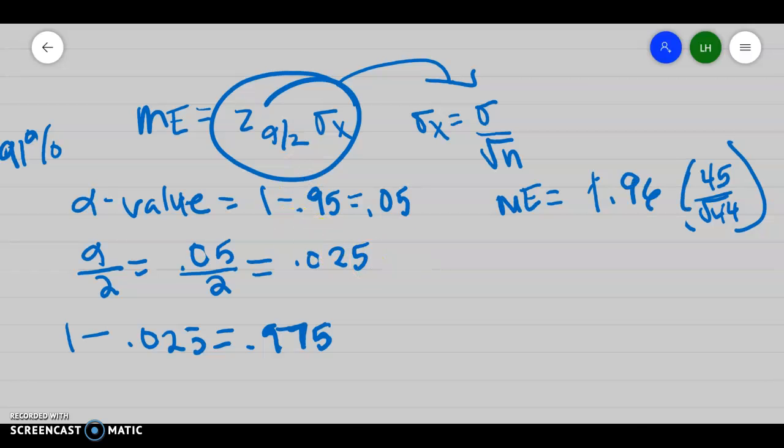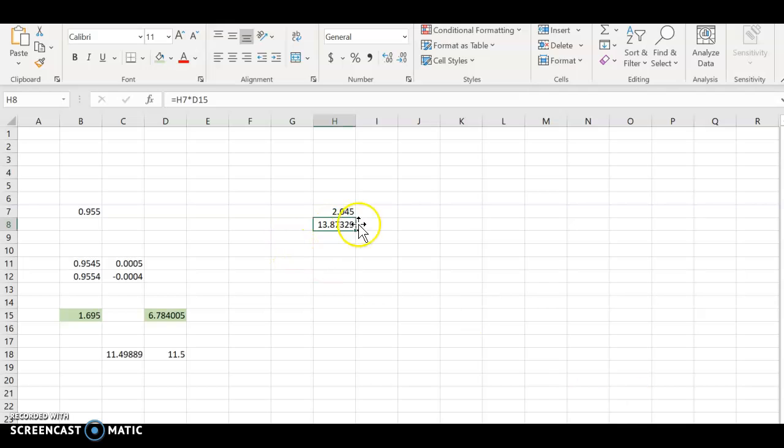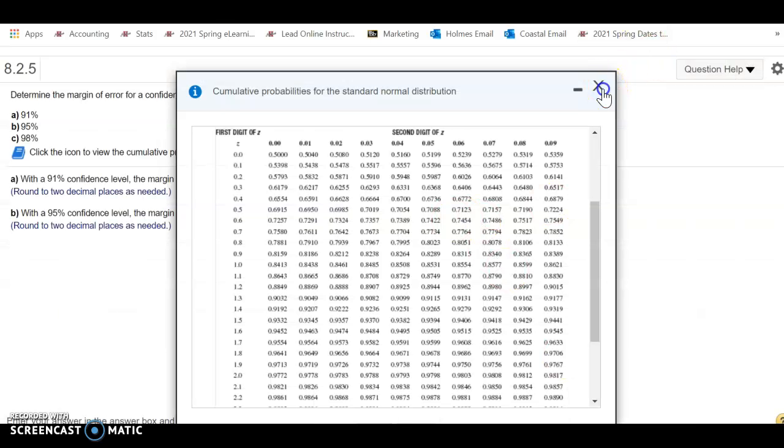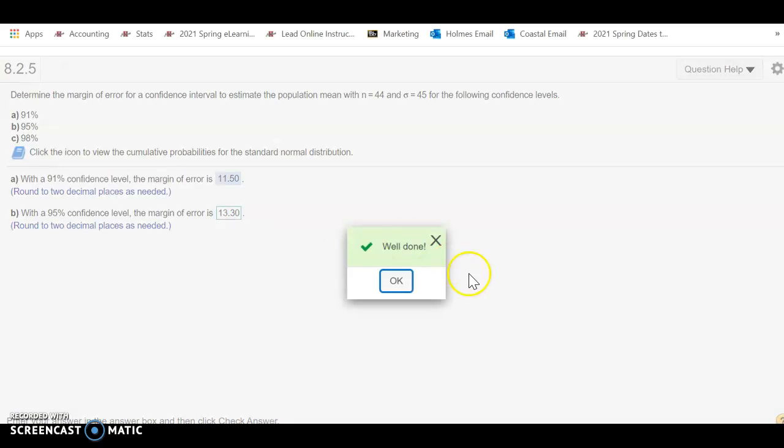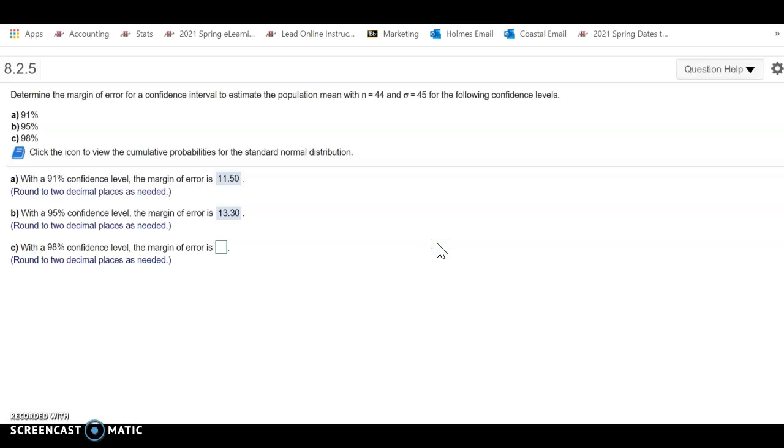Let's try that and see if it works. So this is going to be 1.96, so 13.30. Let's see if that works. Okay, that works. So I hope this didn't confuse you.